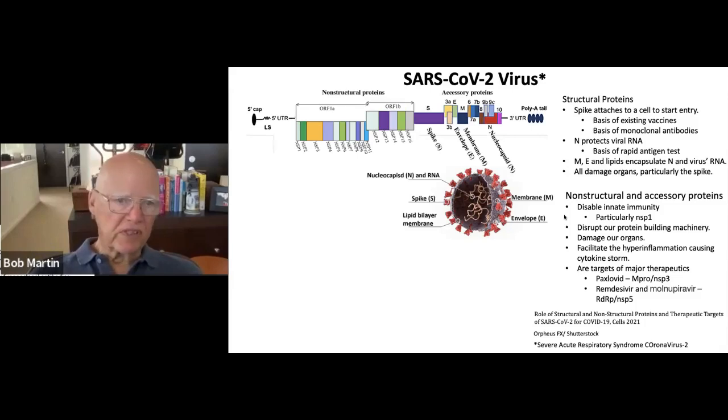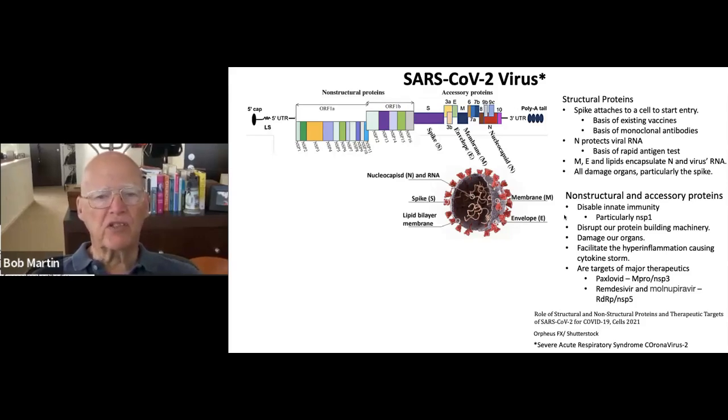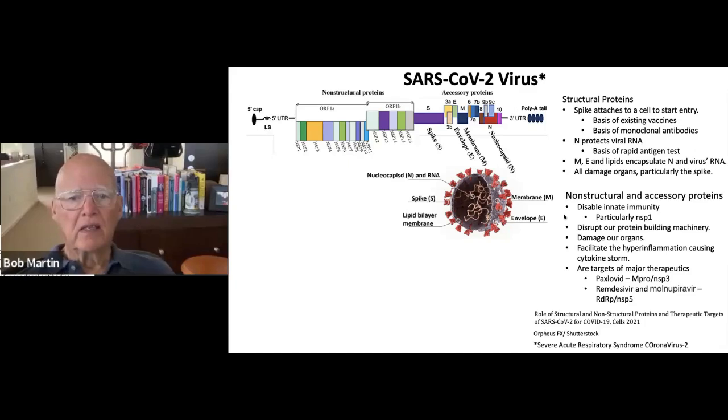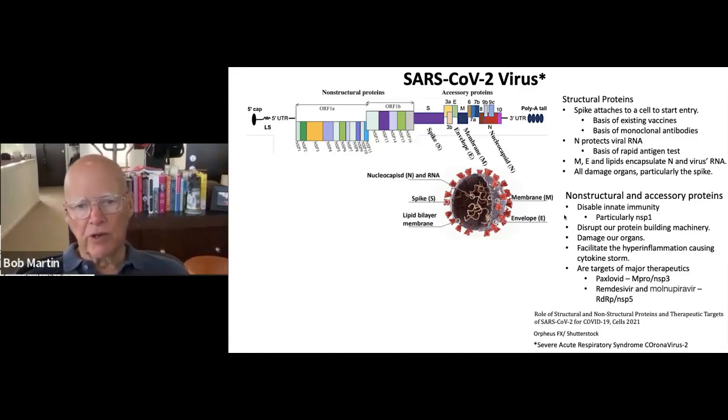At the top is the layout of all the proteins. I'm not going to go through it, but there are 29 of them. The non-structural proteins, of which there are 25, there's some really nasty ones, particularly NSP1, which disables our innate immunity and lets the sucker take off. They disrupt our protein building, they damage our organs.